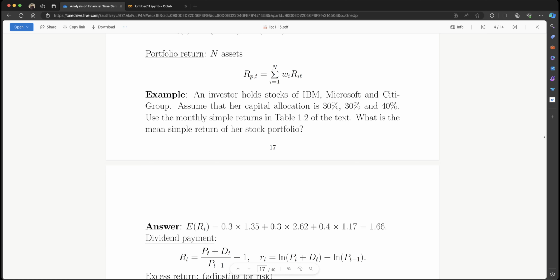Assume her capital is allocated 30%, 30%, 40%. Use the monthly simple return of table 1.2 of the text. What is the mean simple return of her stock portfolio?